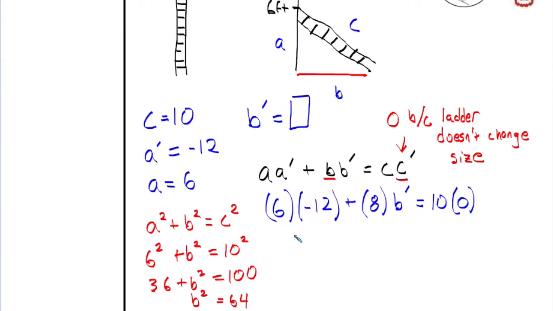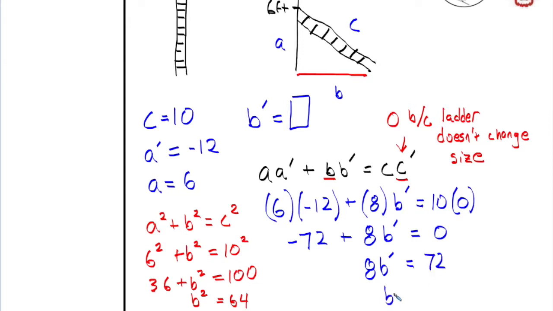Negative 12 times 6 is what? I know it's a negative. 6 times 12? Negative 72. Plus 8 B prime is equal to 0. Therefore, 8B prime is equal to 72.